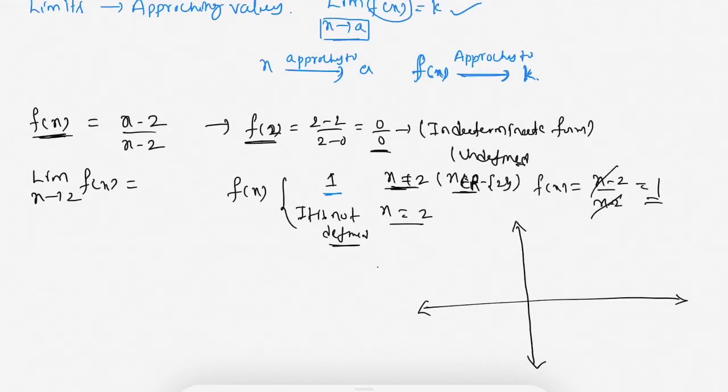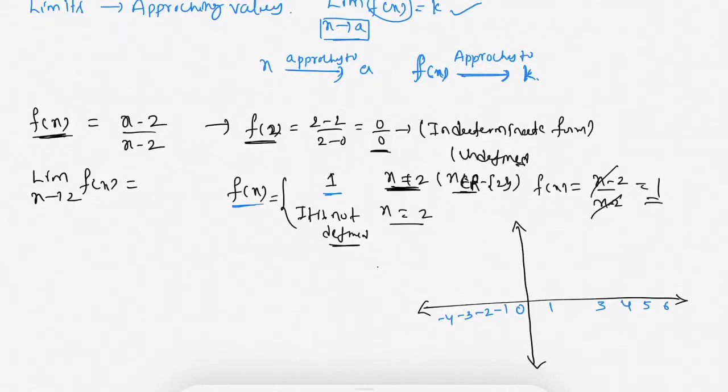x not equal to 2 means that at any value, if you take 0, 1, 3, 4, 5, 6, minus 1, minus 2, minus 3, minus 4, for every value of x, f of x is becoming 1.